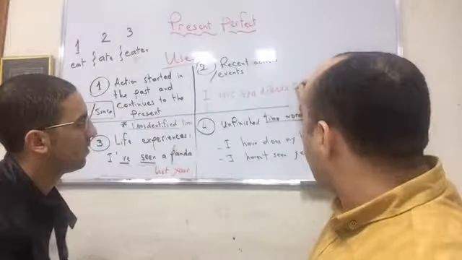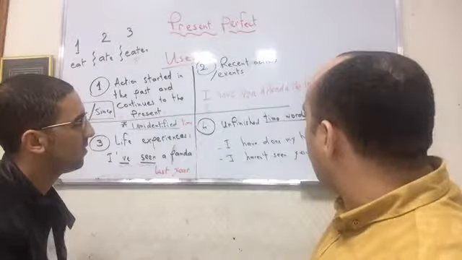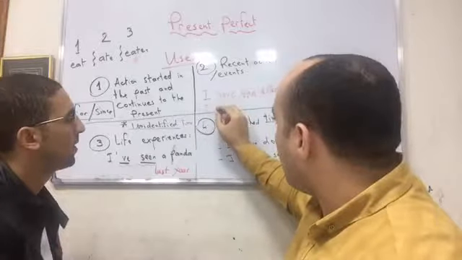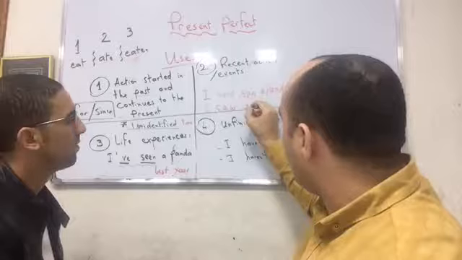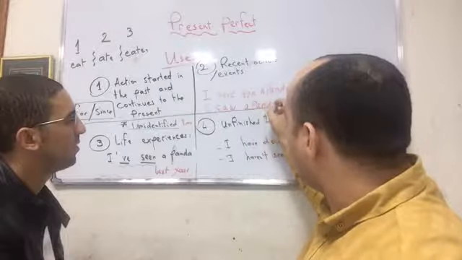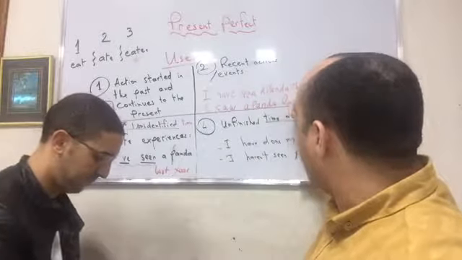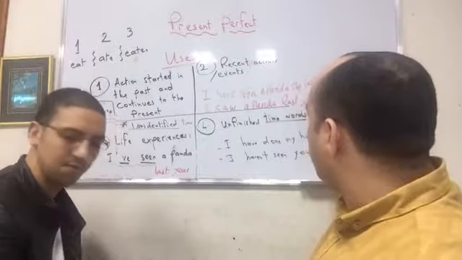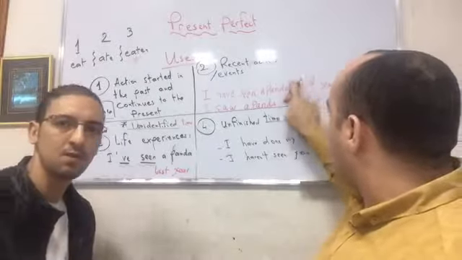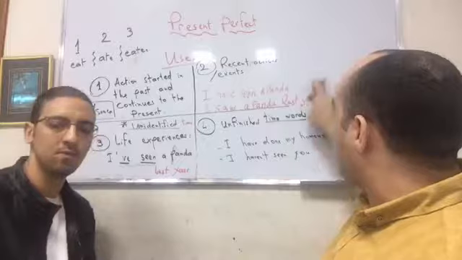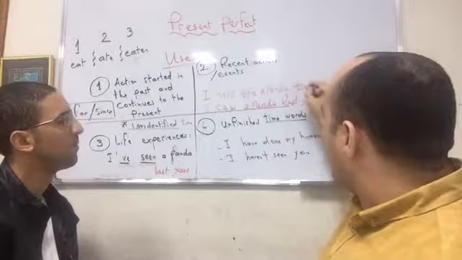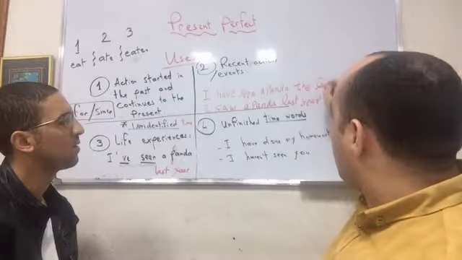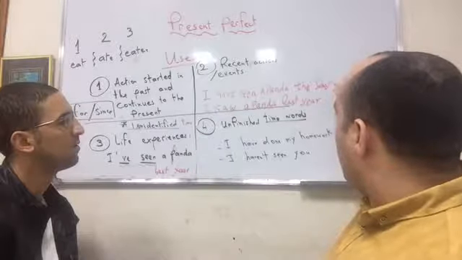But what do I say with last year? I saw a panda last year. So here the difference is between the last year and last year. What's the difference between them?